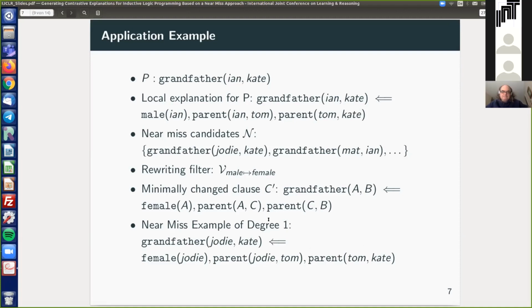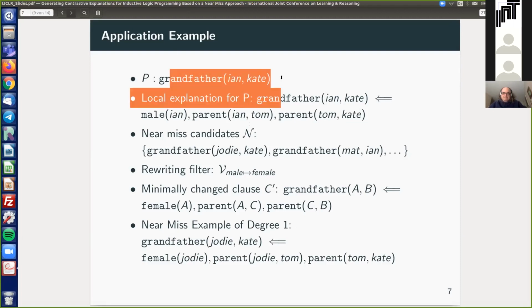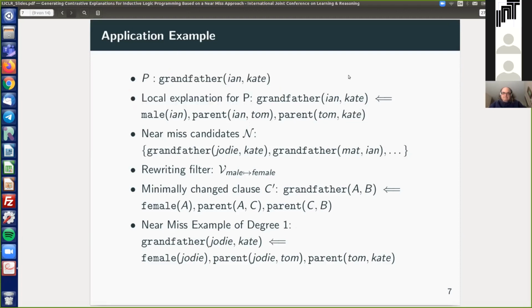And why is there a degree? Because our algorithm can find different degrees of near misses. In this case, it's degree 1 because we only changed one of our variables, A to Jodie. A degree 2 would be that we could change two or more variables, and then we could also find further degrees away from our initial grandfather example.